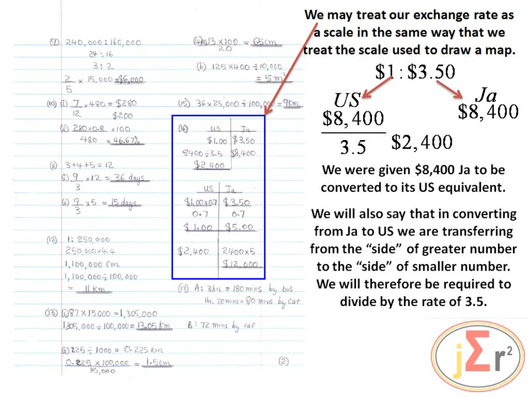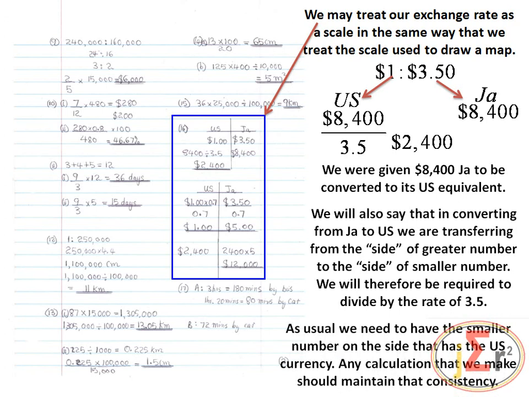But maybe we will make another go at it, which the analogy may not be so closely related. As usual, we need to have the smaller number on this side that has the US currency. Any calculation that we make should maintain that consistency. What consistency?